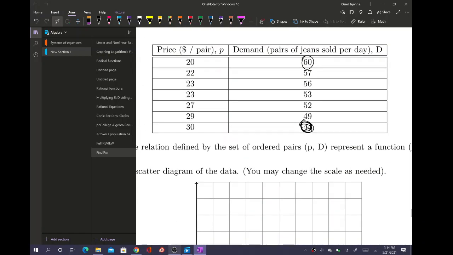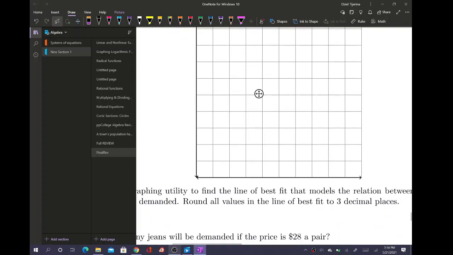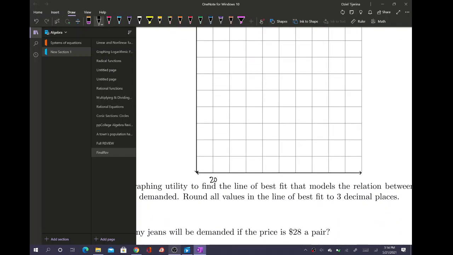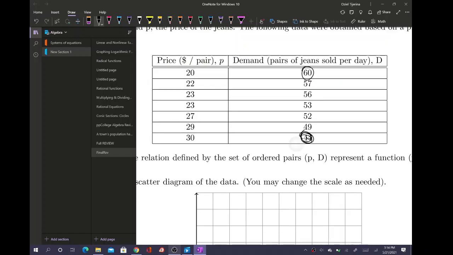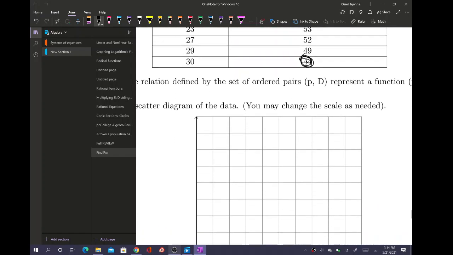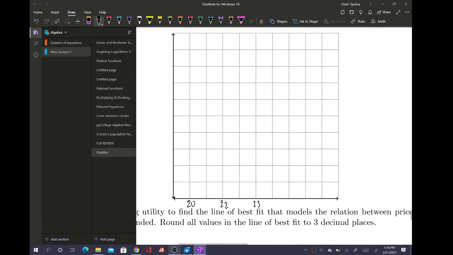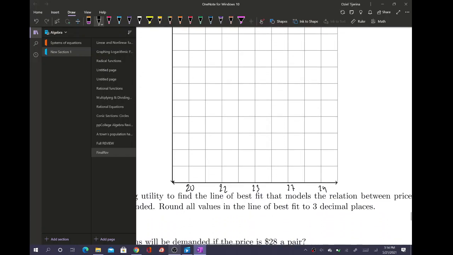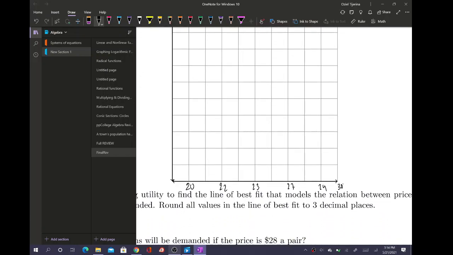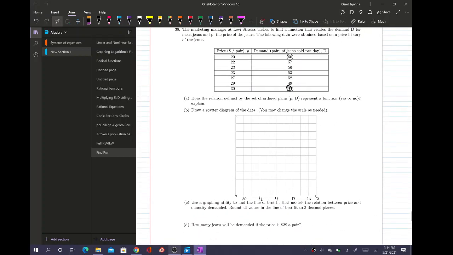So I'm just gonna do 20, then 22, then 23, or maybe I can skip some lines. This one's a little tricky because it's just not gonna be drawn to scale.